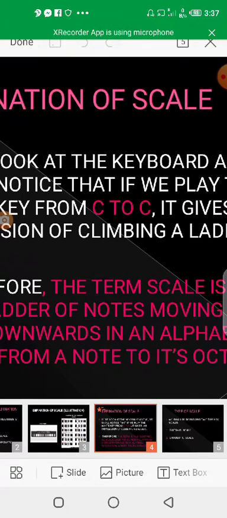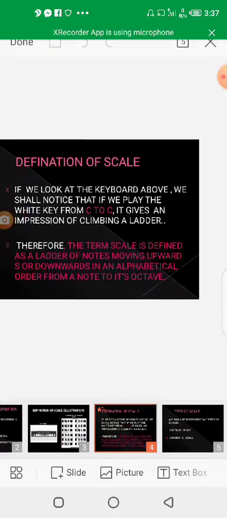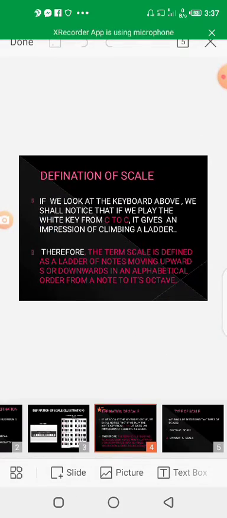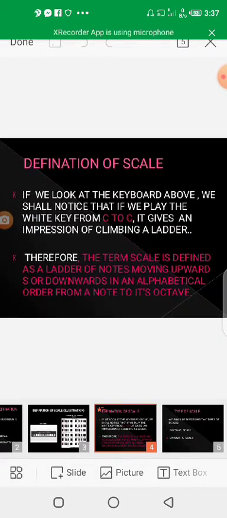Let's go back. If you look at the keyboard above, we shall notice that if we play the white keys from C to C, remember from the first white note on the keyboard to the eighth one, it gives an impression of climbing a ladder.